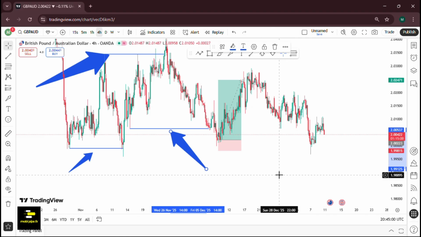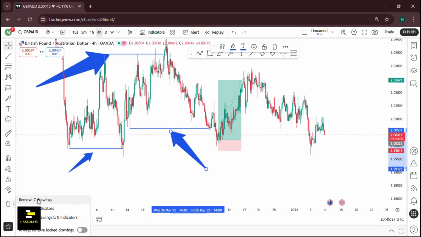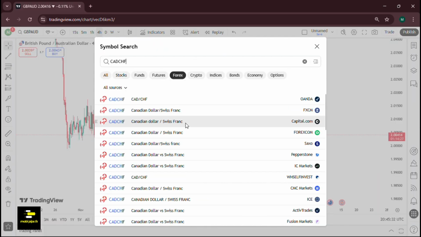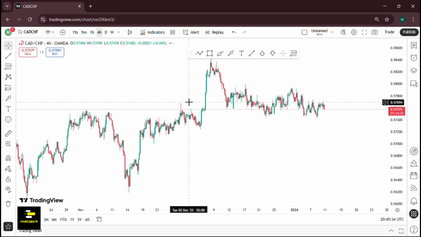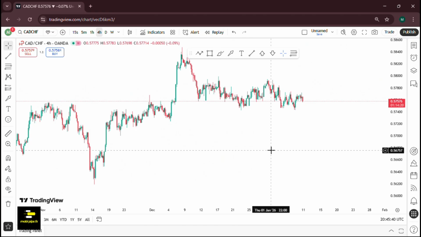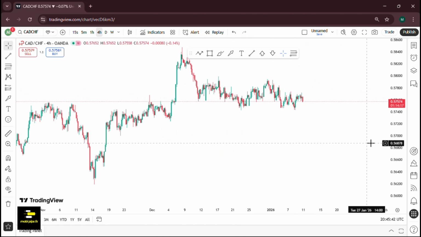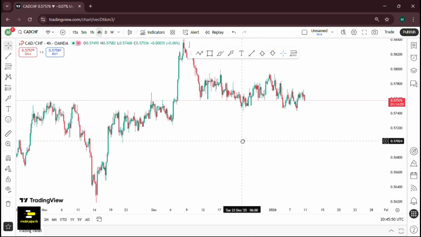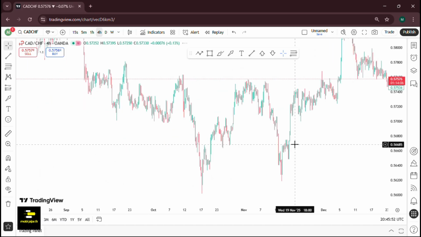I think I'll do one last one. Okay, so let's look at CAD CHF on the 1 hour. Let's delete this. CAD CHF. So looking at CAD CHF, where will we find one?